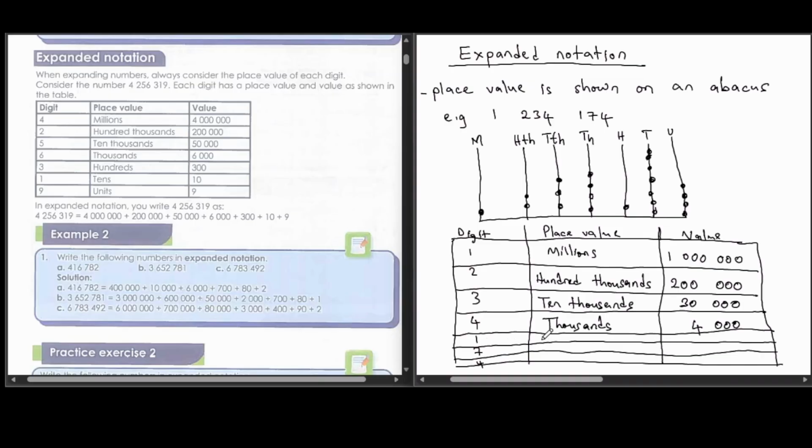Then the value of 1 is hundreds, here it is 100. The value of 7 is tens, which is 70. Then lastly the value of 4 is in the units, we have 4. So that is what we have.